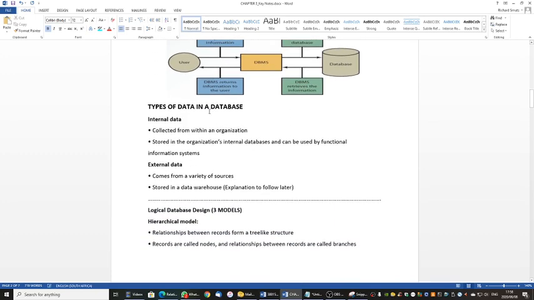The types of data in a database, very straightforward, it's just simple learning. Internal data, please be aware, is collected from within an organization and does not come from outside. It's also stored in the organization's internal database and can be used by functional information systems.